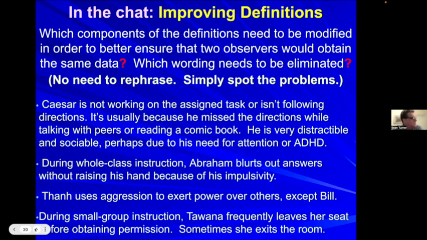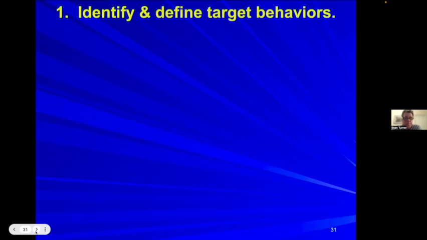Yep, because of impulsivity and exerting power. Yeah, and so they've pretty much spotted the void words and the thoughts about causation before we've got the data to contribute to our thoughts. All right, guys are on track. All right, let's go.